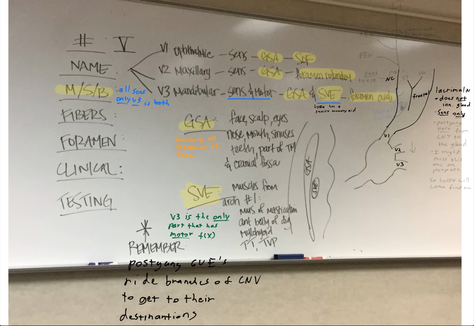What it does do is carry postganglionic parasympathetics from cranial nerve 7 that are going to innervate the gland.